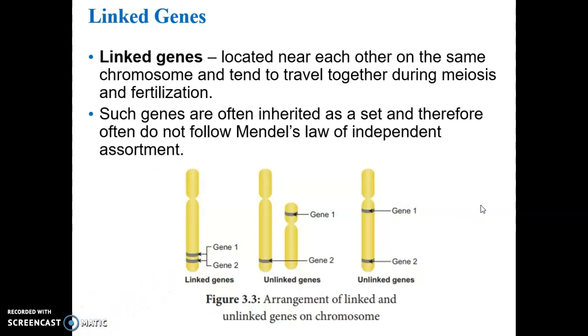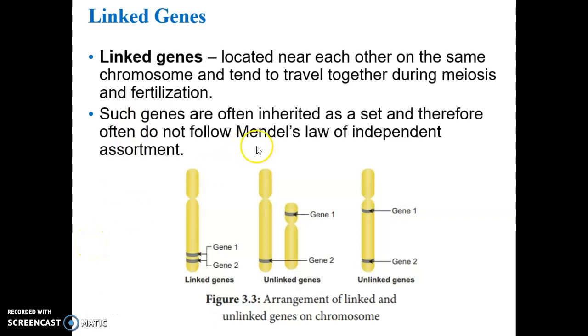So again, exceptions or certain patterns of inheritance that don't follow simple Mendelian patterns, like with pea color or pea shape, have been explained through different inheritance patterns, like linked genes.